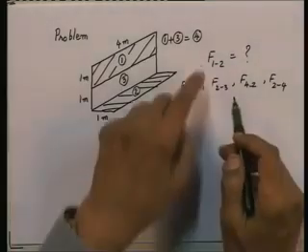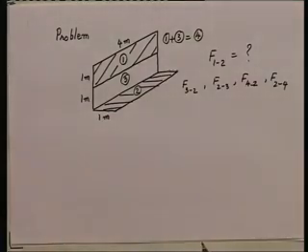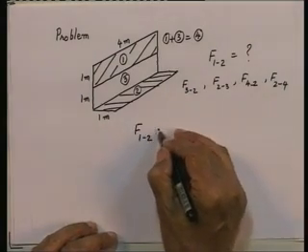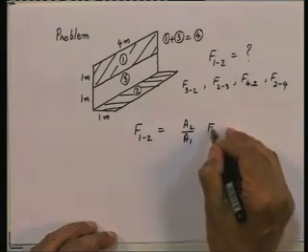So, I need to express F1 to 2 in terms of these quantities, and that is what we can do very easily. We can say F1 to 2 is equal to A2 by A1 F2 to 1.